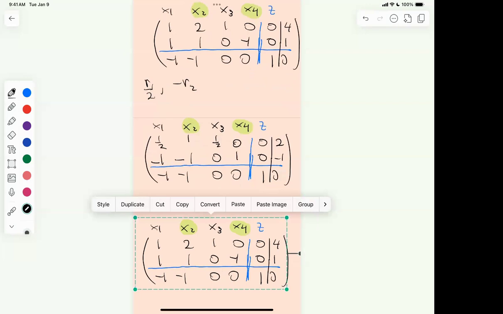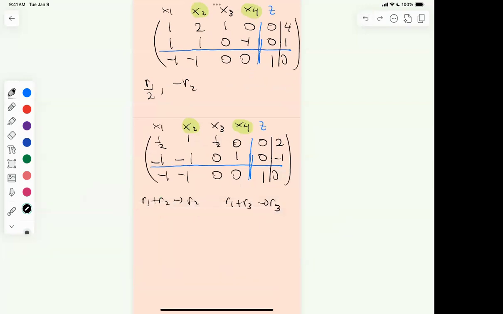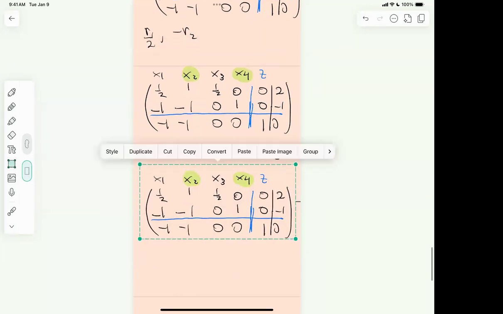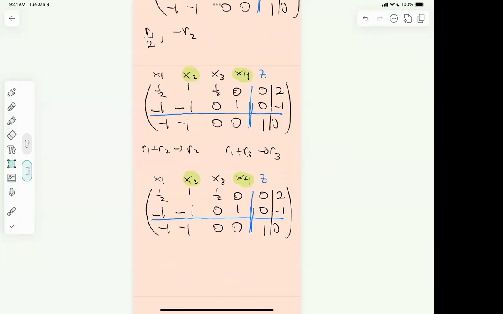Let me copy paste this one, and erase this too.